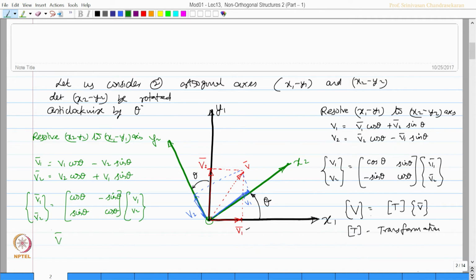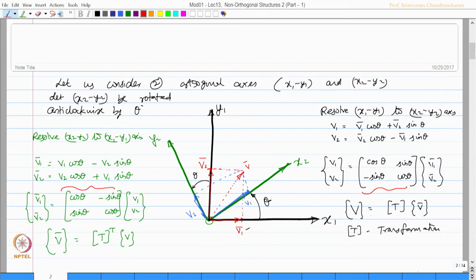So, I should say V bar is T transpose of V. Please see this matrix, with this matrix you will see that this is actually a transpose of T. The rows and columns are interchanged.